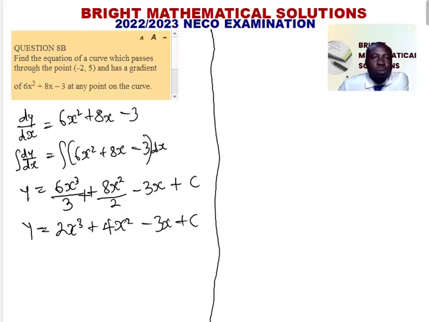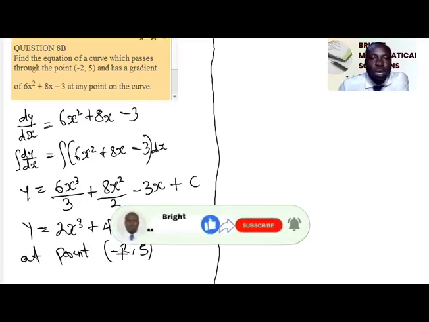Now, the question says we must find the value of this c in order to get the appropriate equation that we are looking for. So they said at point (-2, 5), what this means is that at this point, x is -2 and y is 5.